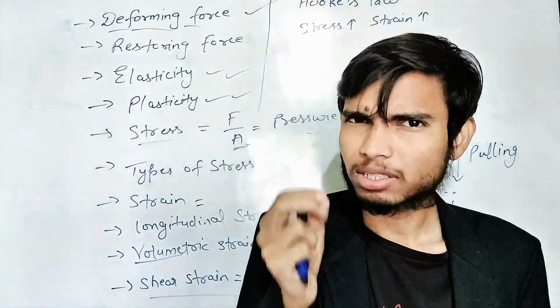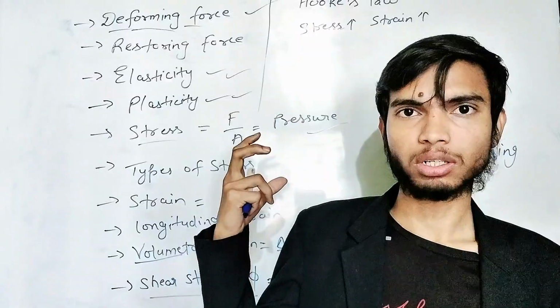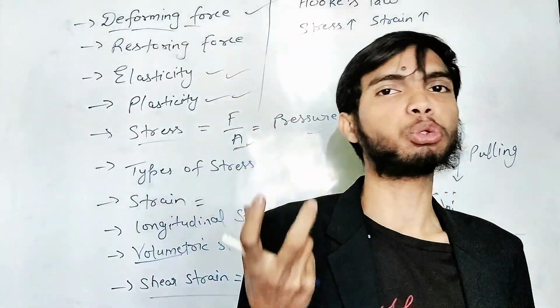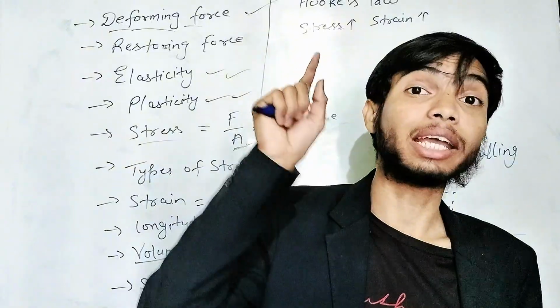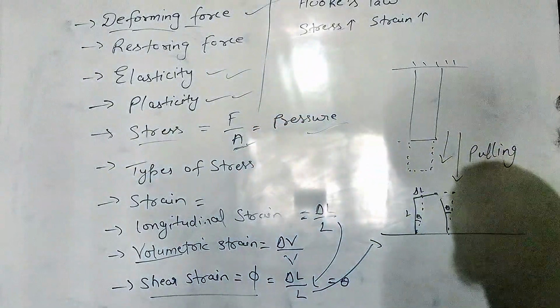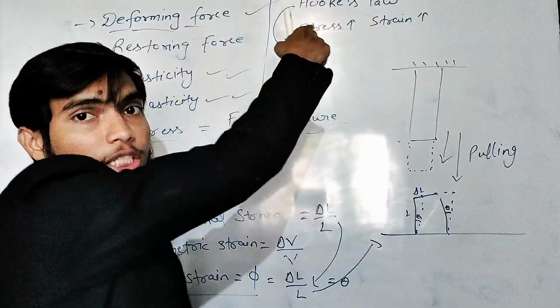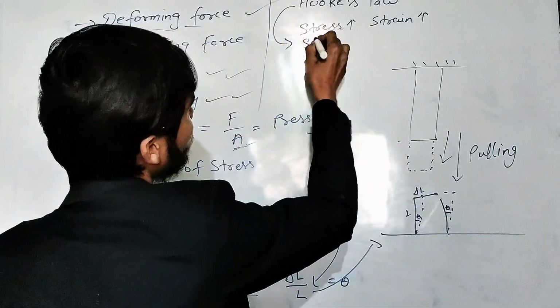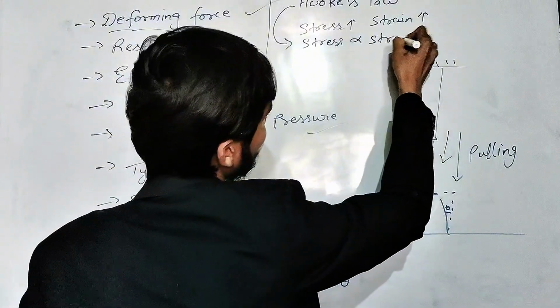But once you understand the feeling of this text, it is your duty to visualize it by nature, as it is happening in front of you. Okay, so finally, we convert the statement into: stress is directly proportional to strain.